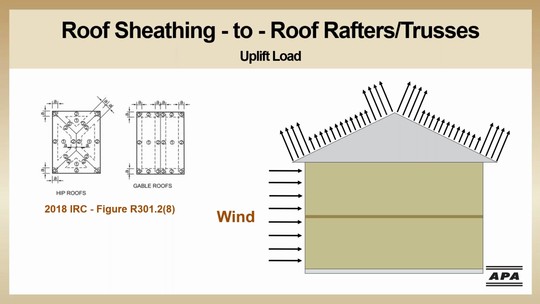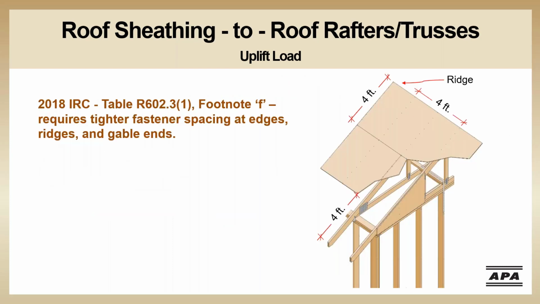The IRC recognizes that the uplift forces are not consistent across the roof. Higher uplift occurs at the edges and ridges of the roof, as can be seen in figure R301.2(8) of the IRC. The loss of roof sheathing during high wind events due to incorrect spacing of fasteners is a common occurrence.